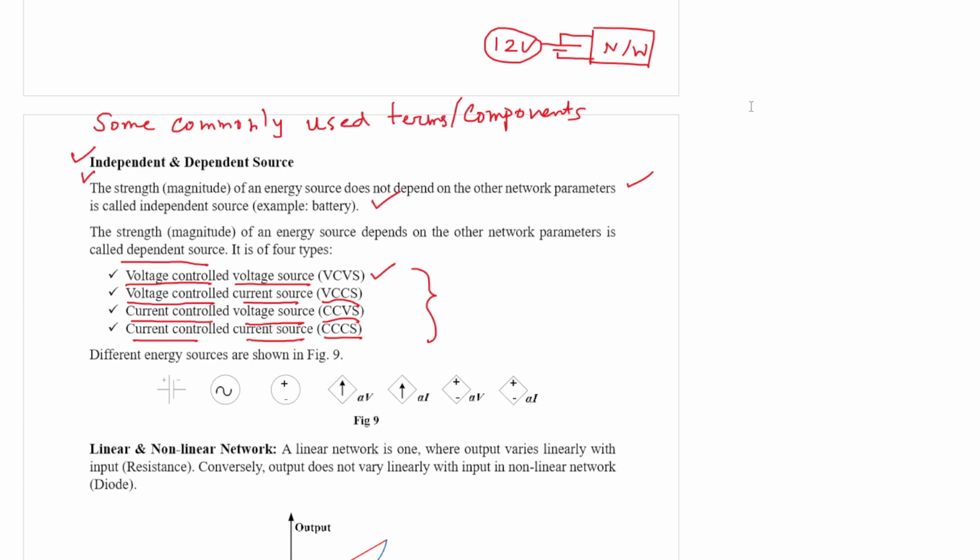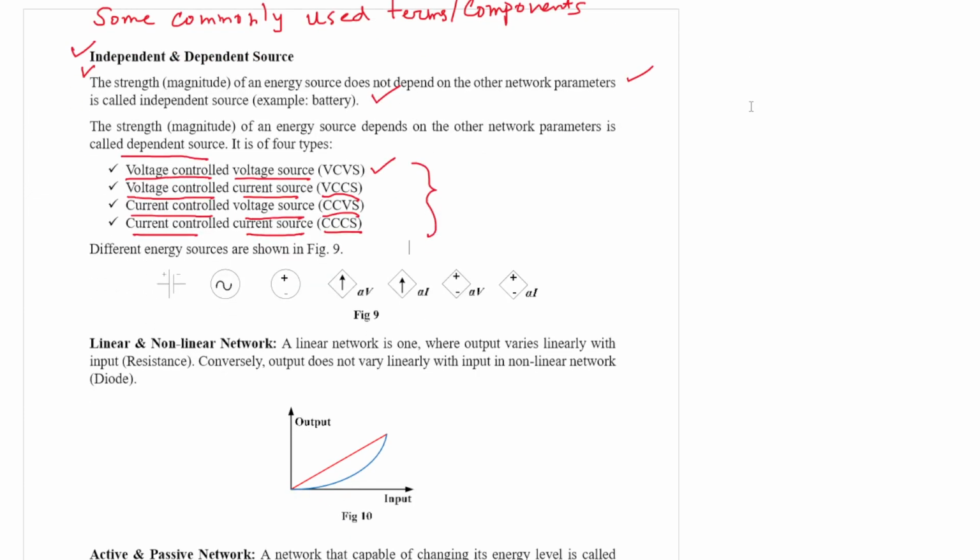Now if you consider figure 9, let us quickly review some well-known symbols. For independent source, it is always given by this symbol, that means a circle. It is an AC source, it is a DC source.